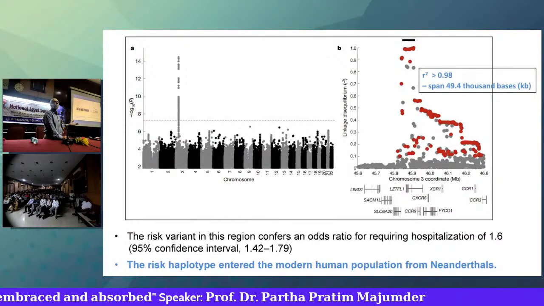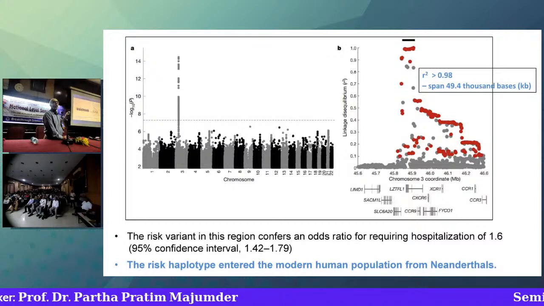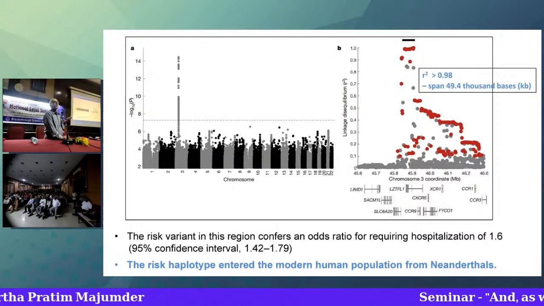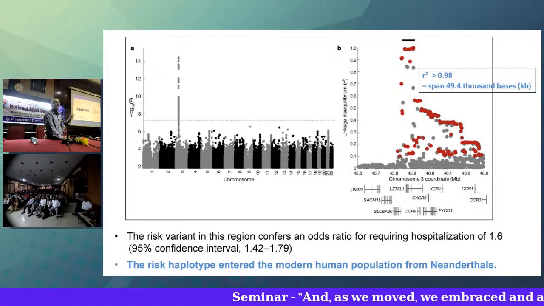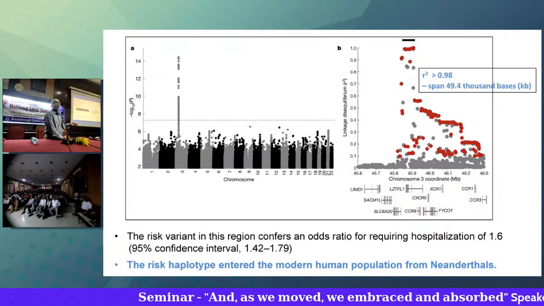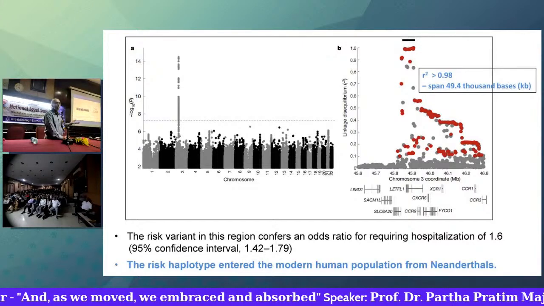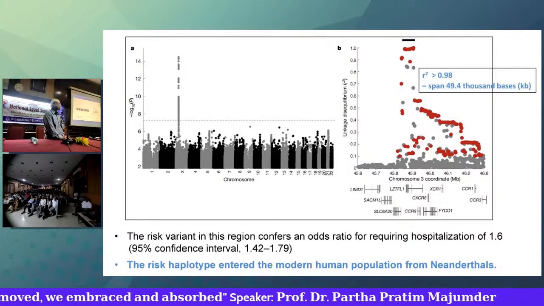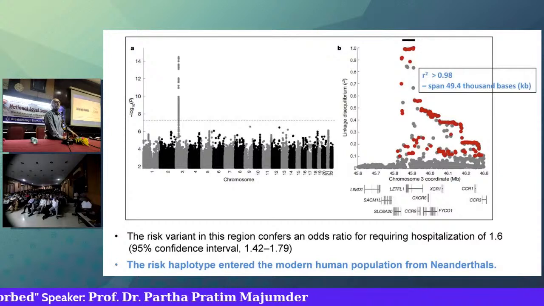The next question that many of us ask is: if this region was derived from the Neanderthals, and since the Neanderthals provided different proportions of admixture to modern human genomes living in different places of the world, where are the most predisposed individuals?